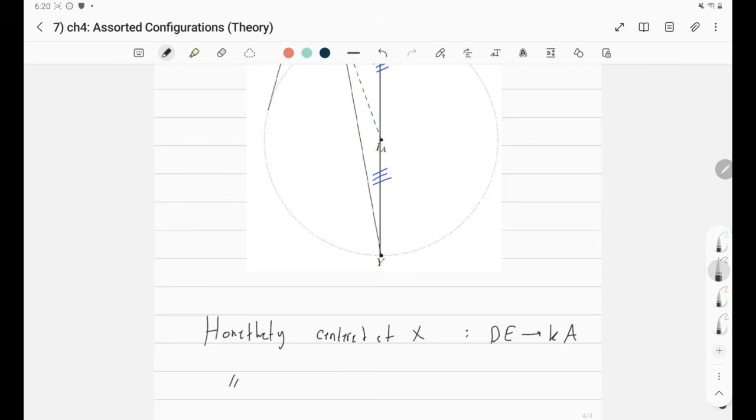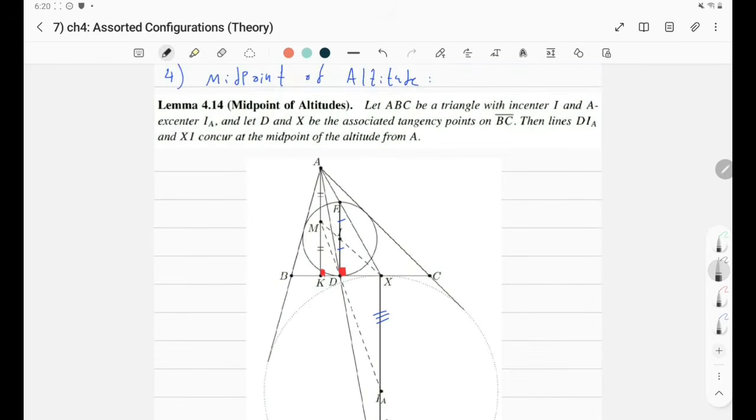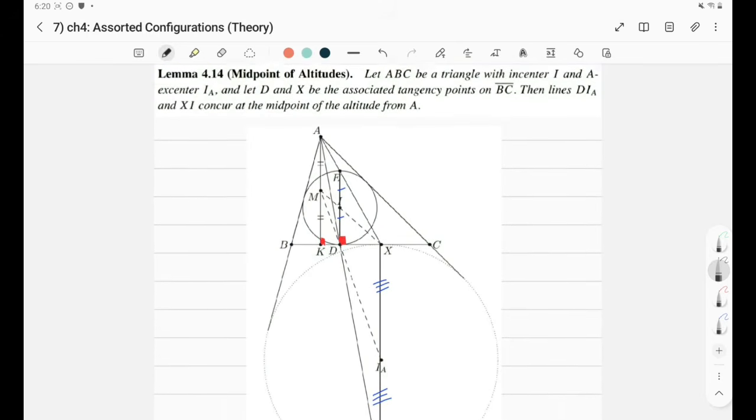That's for the first part. The other part is the same, but the center now is D, and this should map XY to KA. And yeah, that's it. That means we're basically done. That proves this lemma as well.